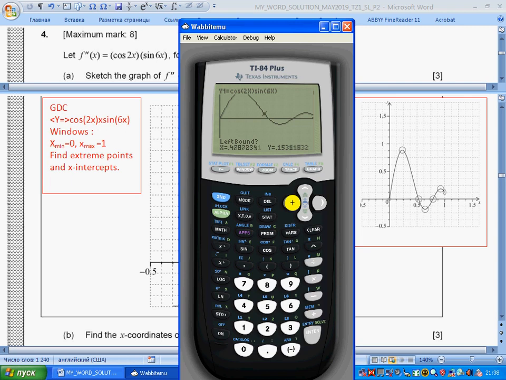We move to the right. We can actually put 0 and move from 0.